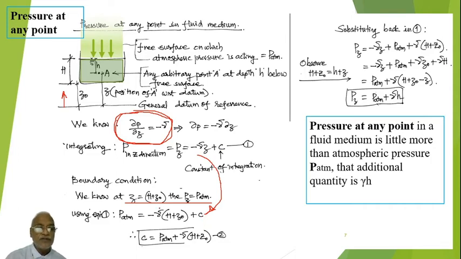Now from this we can work out what C is. The constant of integration C is equal to P atmospheric plus gamma multiplied by H plus Z naught. This is equation number 2. Now I'll substitute this C back into equation 1 so that I get the general expression for Pz.